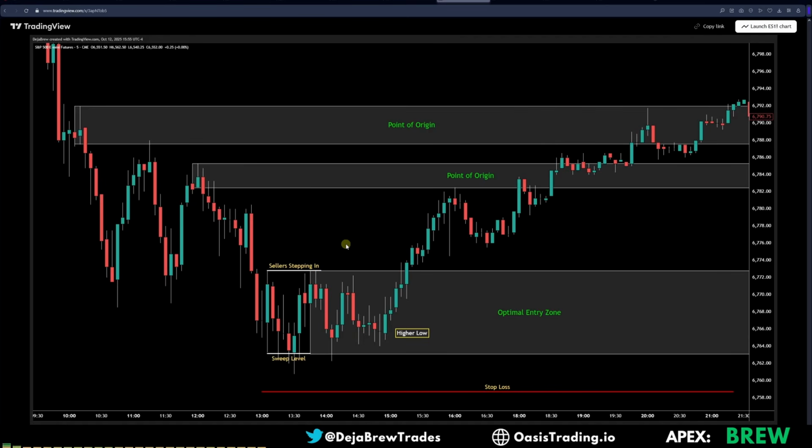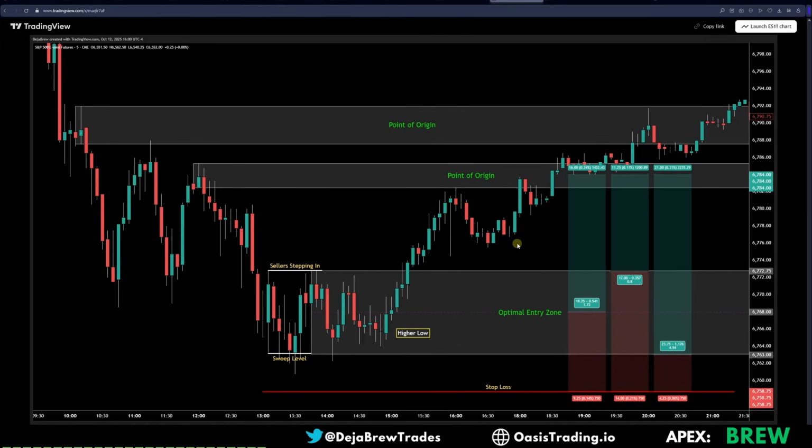Now we could take this even further. We could identify what is an actual optimal entry. Where is it too far in this zone that is no longer a good trade? It's too late to get in this buy. For example, if we missed the sweep, it had a double sweep there and a higher low. If we missed all three of these entries, how late could I get in this trade and it would still make sense?